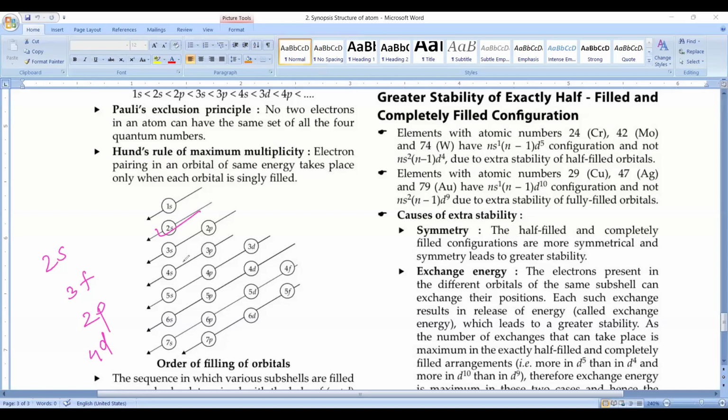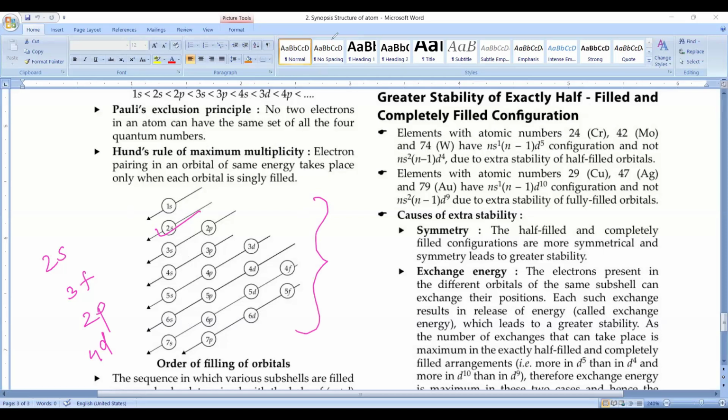No. 1s, 2s, 2p are possible, 3s, 3p, 3d are possible, 4s, 4p, 4d, and 4f are possible. 5s, 5p, 5d and 5f orbitals are possible. 6s, 6p, 6d, 7s and 7p. So these are the orbitals which are possible.